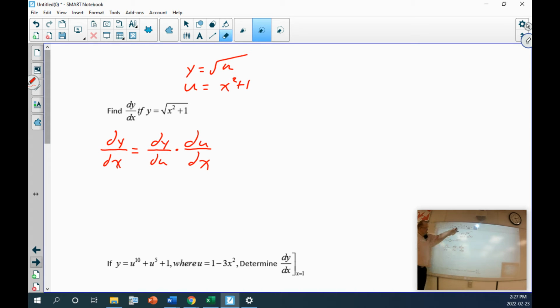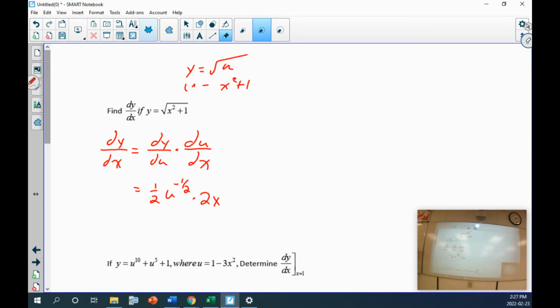So the derivative of this function with respect to u times the derivative of this function with respect to x. So I've done a little bit of substitution here. So I can now use this. The derivative of that is going to be 1/2 u to the negative 1/2. The derivative of that will be 2x.